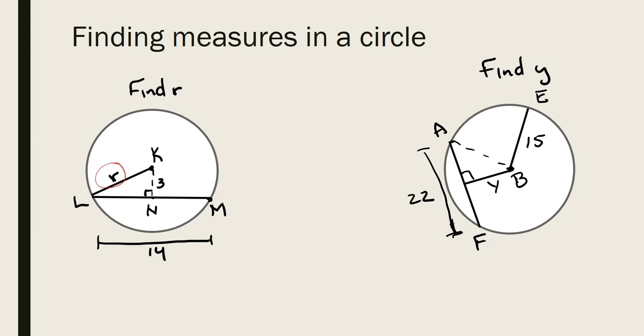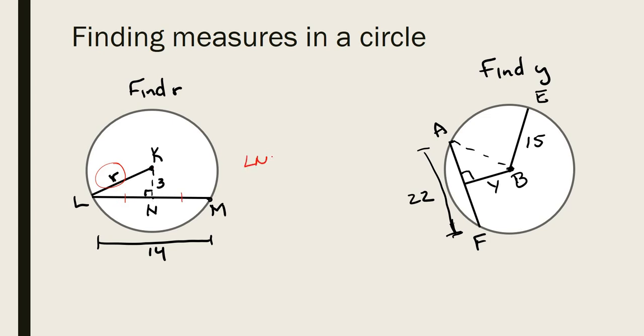I want to find r. So the first thing I have to know, this whole chord is 14. If this is a radius and this is perpendicular through the center, I do know that this has to equal this.